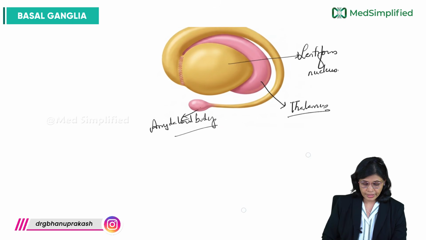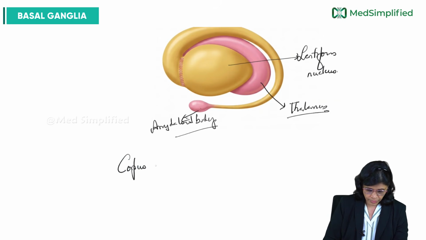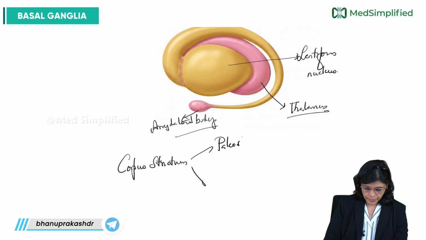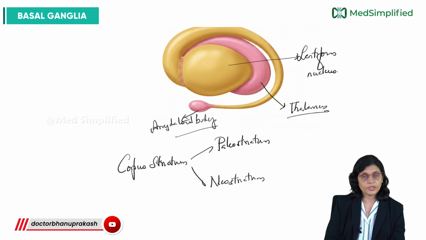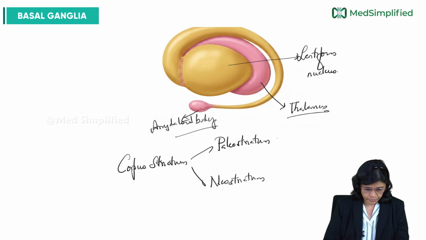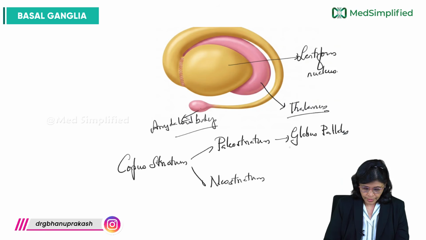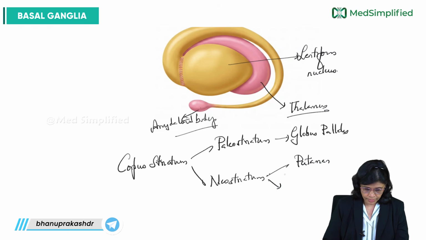Phylogenetically, the corpus striatum has two functional units according to its evolution: the paleostriatum and the neostriatum. The paleostriatum includes the globus pallidus, whereas the neostriatum includes the putamen and the caudate nucleus.